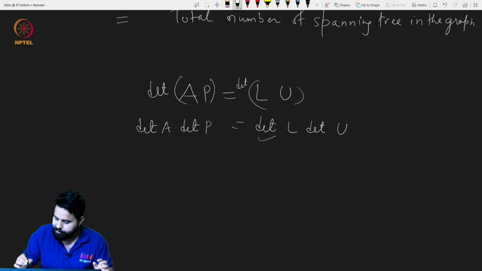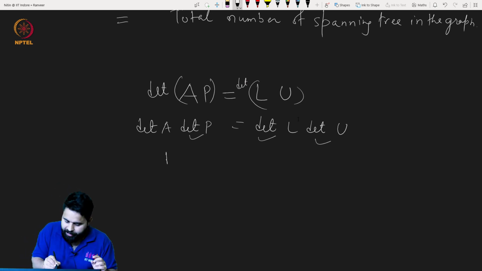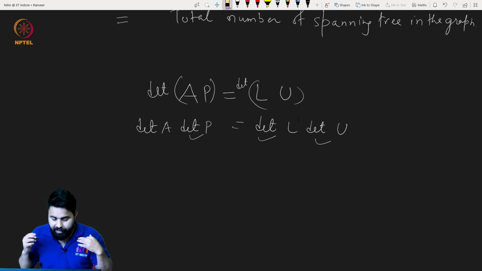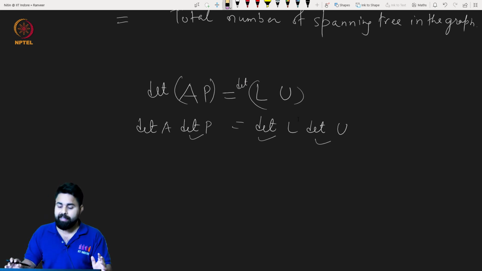So these things are easy to calculate, hence the determinant of A is either plus or minus that product. The aim is to make you realize that the determinant can be easily calculated.